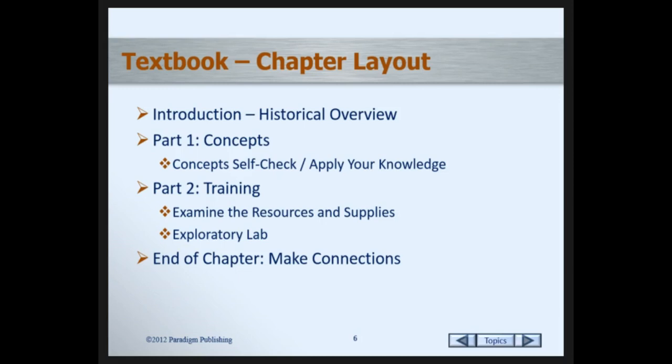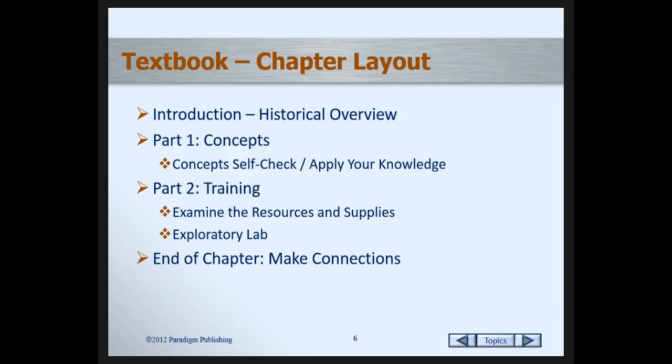And then there's an exploratory lab in the first 5 chapters. Those are basically question type things that outline more of the information that's contained in the chapter. At the end of the chapter, as I stated before, there will be a chapter summary. It's part 3, known as assessment in the chapter.